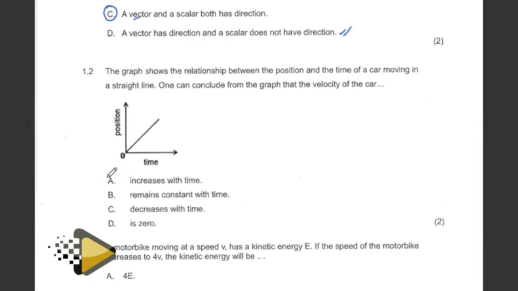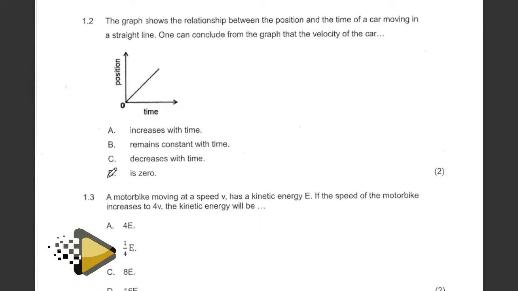And then 1.2: a graph shows the relationship between position and time of a car that is moving in a straight line. One can conclude from the graph that the velocity of the car increases with time. Well, what increases with time would be the position, because as the time increases, the position also increases.